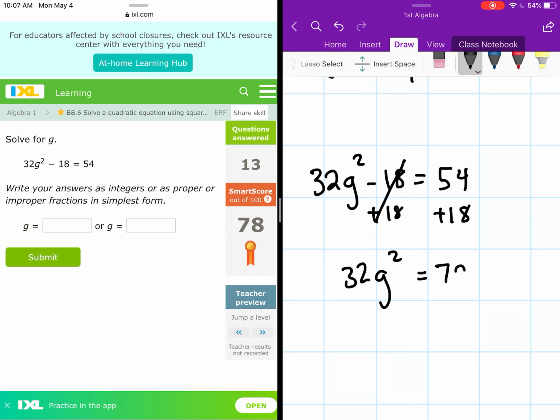That is going to give me 72. Now what I have to do next is divide both sides by 32 to get rid of that number in the front, giving me g squared equals 72 divided by 32. That is going to give me 2.25.